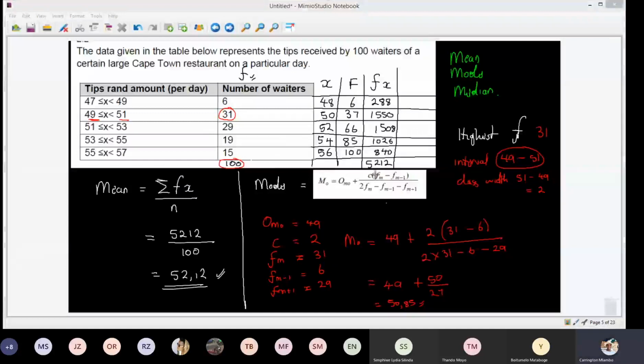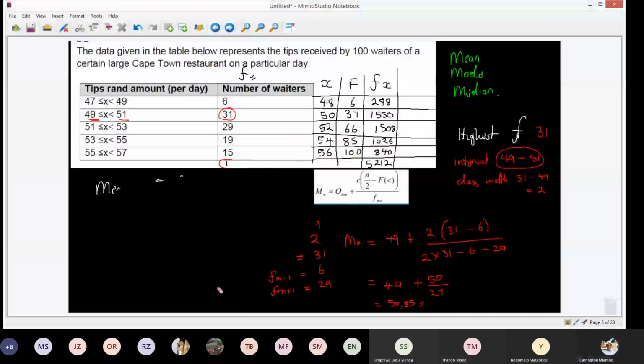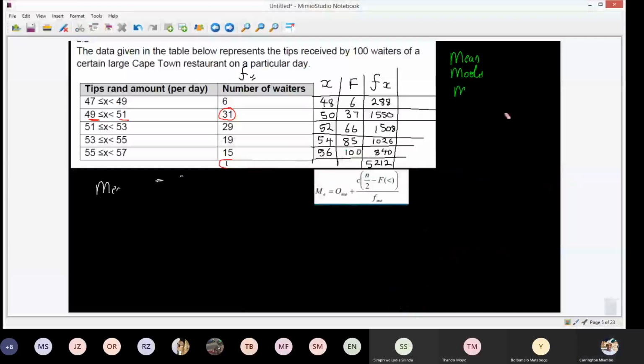Just show it alone. We've done the mode, so now we are at the median.